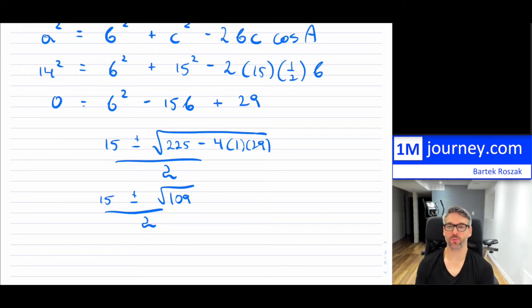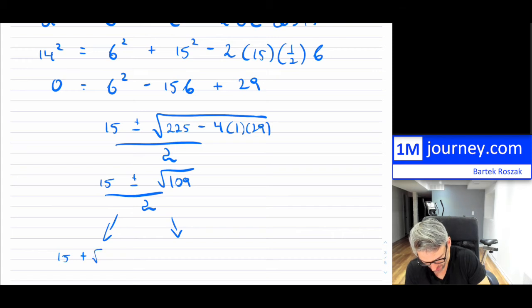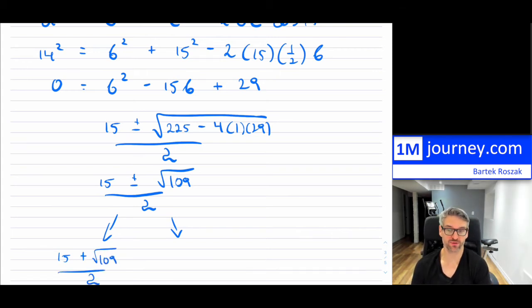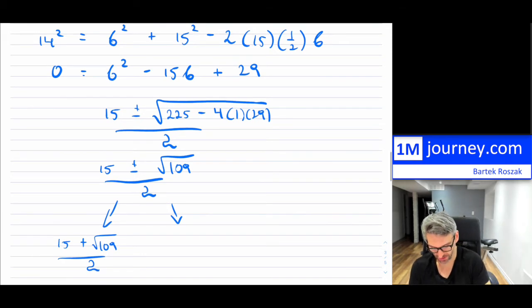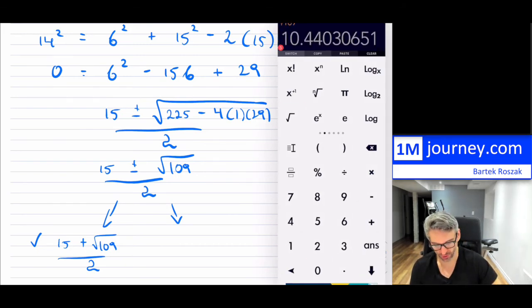All right, so here it is. Notice now under the square root, I get a positive, which is 109. So that means I'm going to get two solutions here. I'm going to get 15 plus the square root of 109 over 2. Notice that's positive 100% because both numbers in the numerator are positive. So what will that give me? Let's just approximate. The square root of 109 is around 10.4.